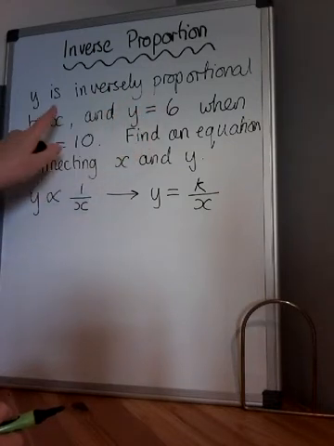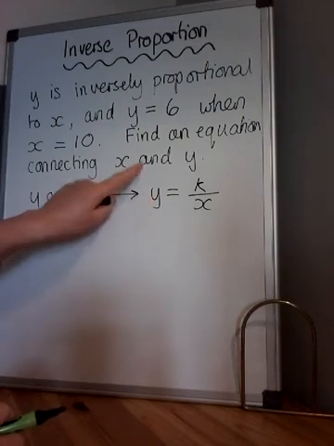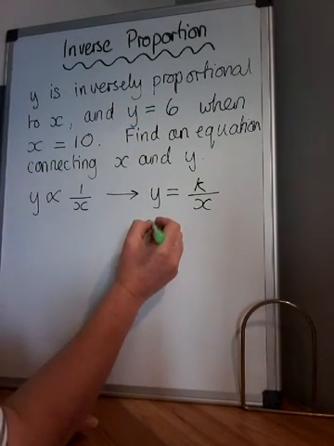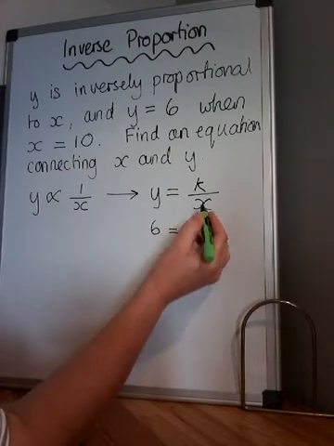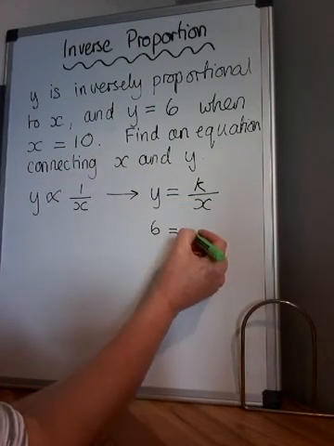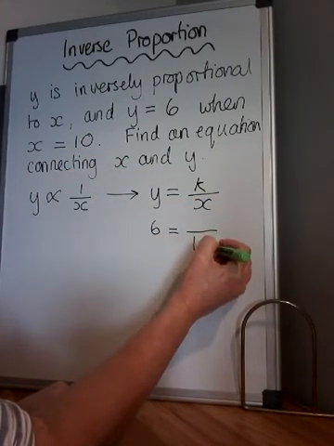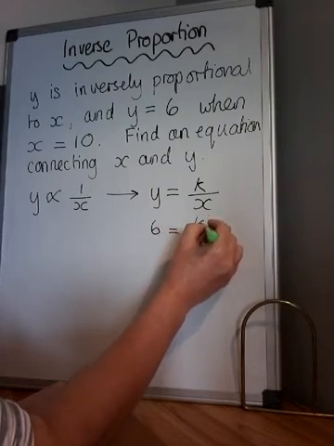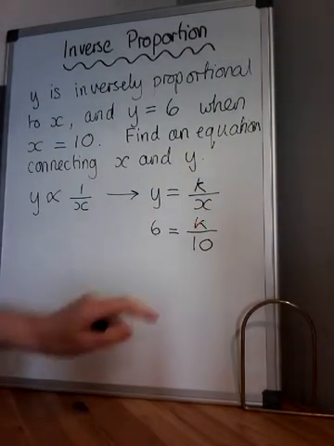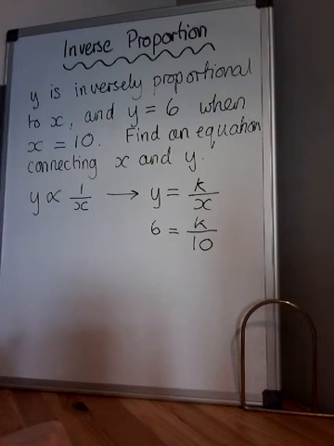We're going to replace x and y with the two values that we've got here. So we can see that y is equal to 6 and x is equal to 10. And on the top of that, I've got the unknown value k that I want to try and find out.